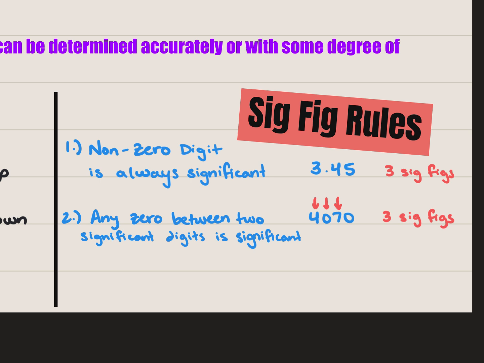So our rule number 3, a final 0, or trailing zeros, as you're more commonly going to hear them called, are only significant if there is a decimal.